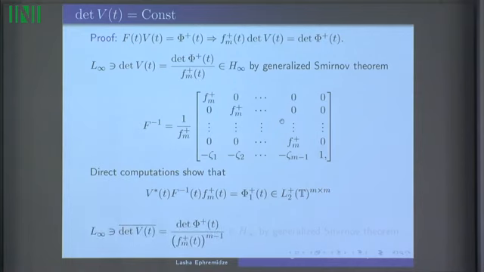And again we claim that the determinant of this, which is this, since they are bounded functions, belongs to L infinity, and we know that it has this form. This is an outer function, and its power is also an outer function, and again it belongs to H infinity by the generalized Smirnov theorem, and it means that this is constant.